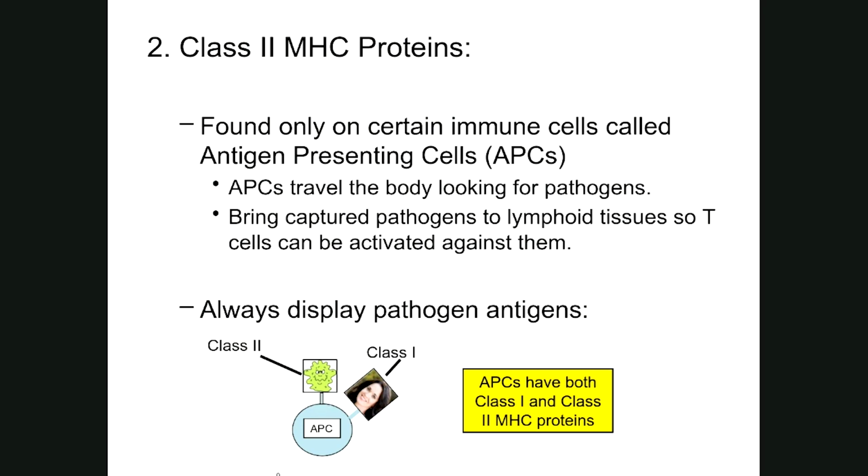But again, it's really important when an APC is doing that alerting that it has the class 1 MHC, a self-antigen that it can display, so that the helper T doesn't think the APC itself is actually a cell of the body that has been taken over by a microorganism.